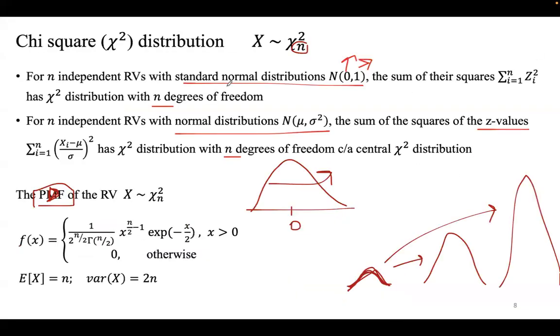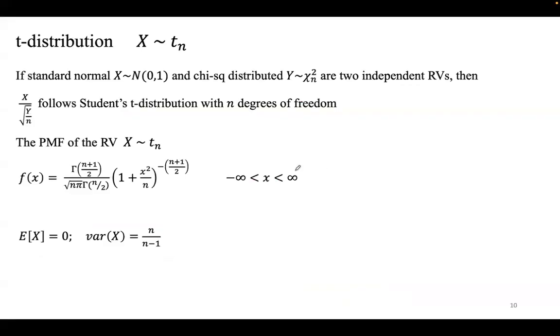So mainly what we did was, if you have standard normal variables and you sum up their squares, then the resulting random variable has a chi-square distribution with n degrees of freedom. Now, if you take a standard normal variable and a chi-square variable with n degrees of freedom, you divide the standard normal by the root of chi-square divided by n, where n is the degrees of freedom.